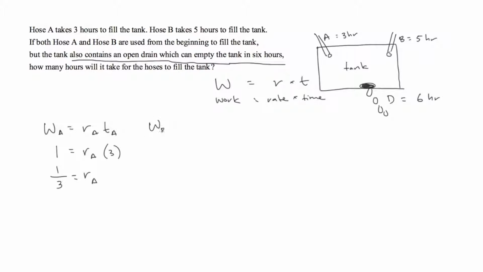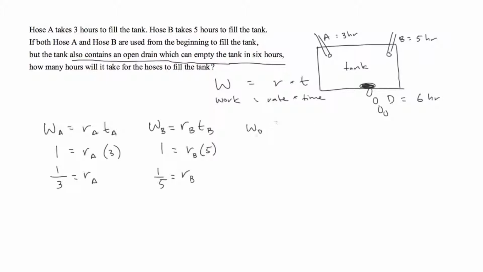Next we have the work of B, and we have the rate of hose B times the time that it takes hose B to do the work. And again, it's filling the tank, which is just really 1 unit of work. So we can plug in what we know and we figure out that RB is equal to 1 divided by 5.